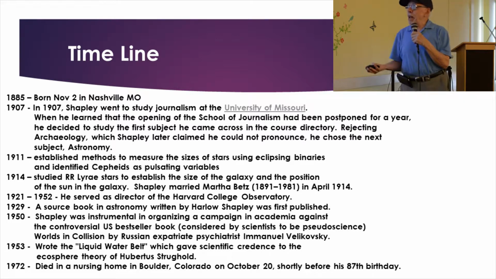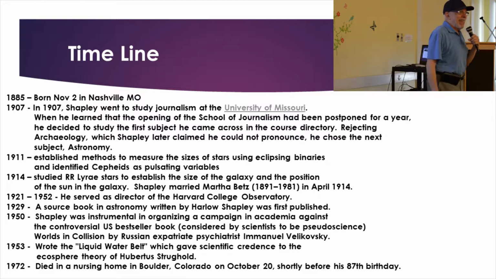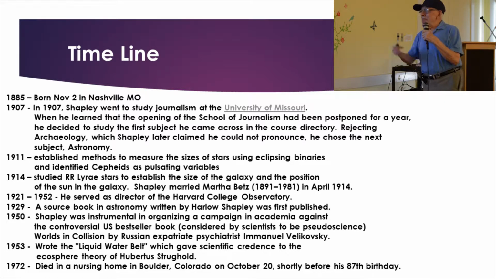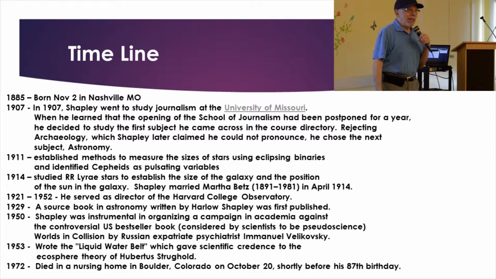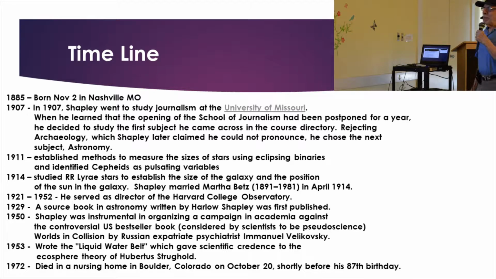He said, I can't pronounce that, so he went to the next one, found astronomy, and that's what he signed up for. It's strange how these little coincidences and different things that happen at random have affected the course of science throughout history.